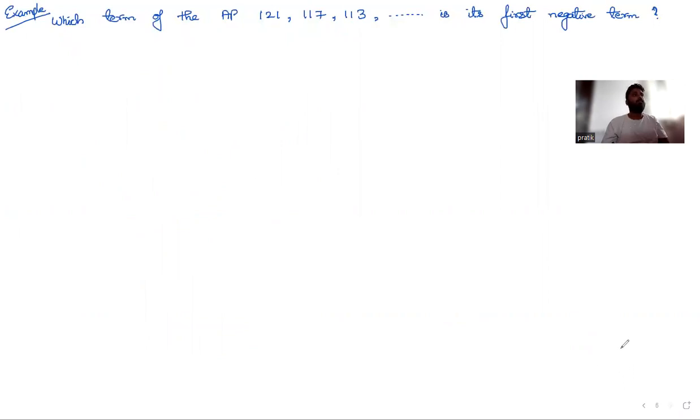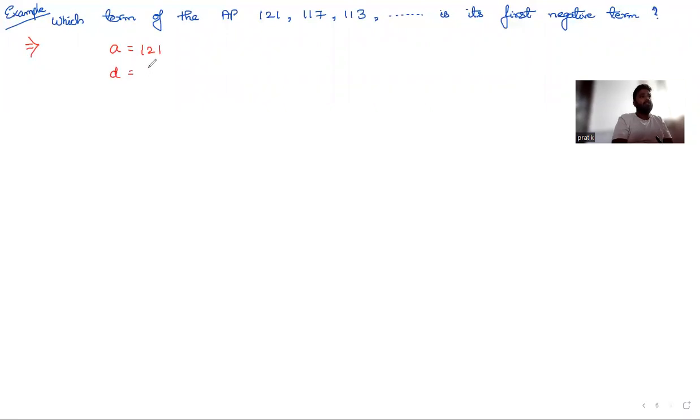Now this question: which term of the AP given to you is its first negative term? How do I get to know whether there will be a negative term or not? Look into this AP. The first term given to you is 121. And look into the common difference.